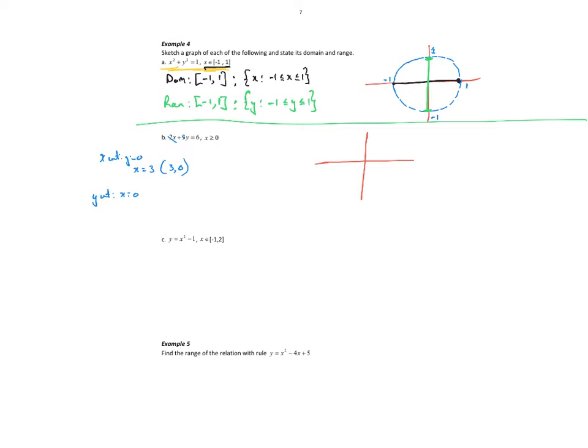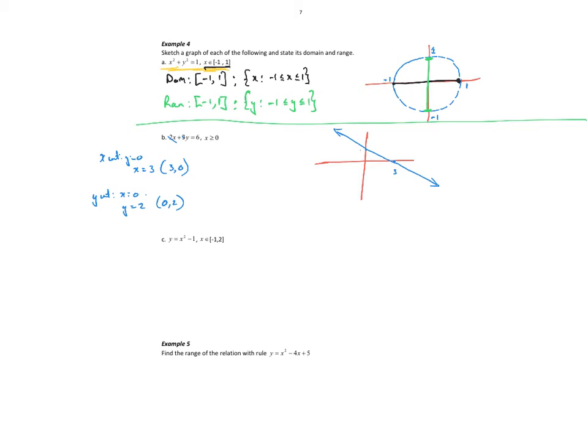So I'll get 3y is equal to 6, which means y will equal 2. I get the point (0, 2). Now, if I just sketch this graph, the point (3, 0) is over here somewhere. The point (0, 2) may be there. And that's the whole graph there. That's if the domain is R.